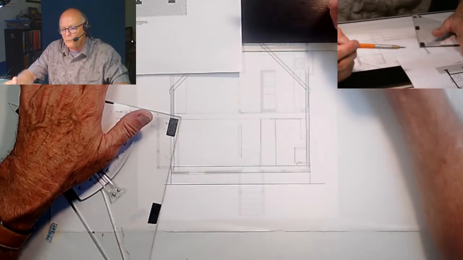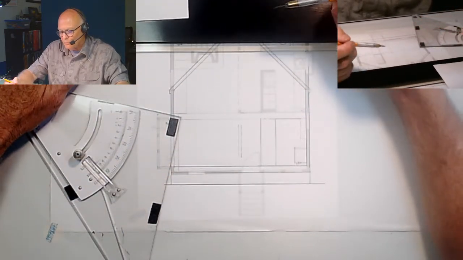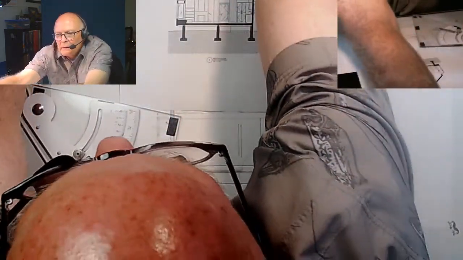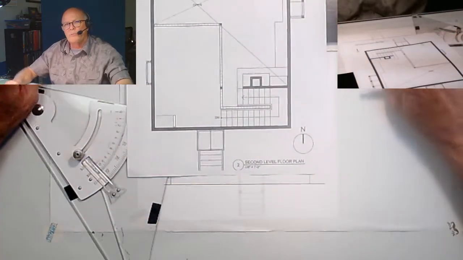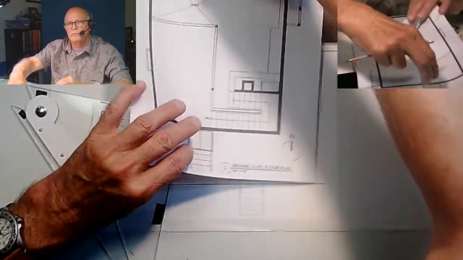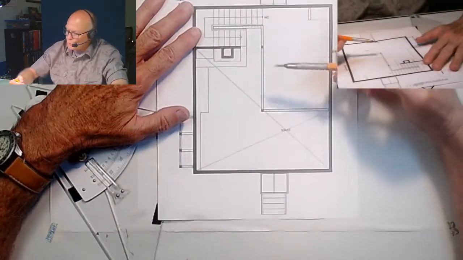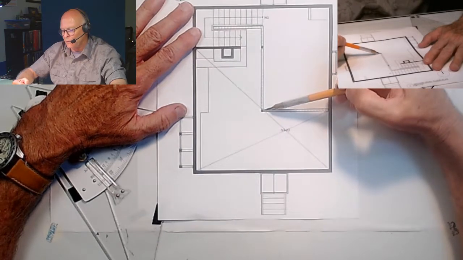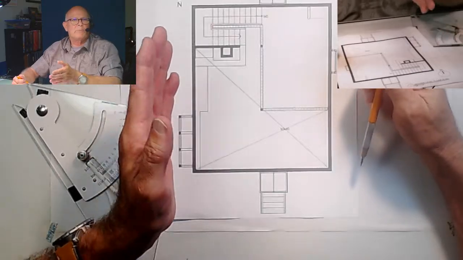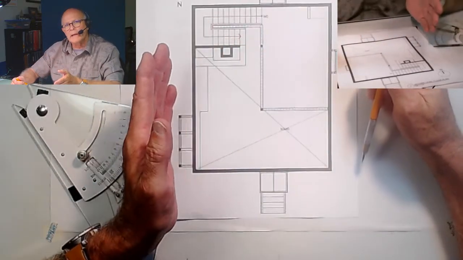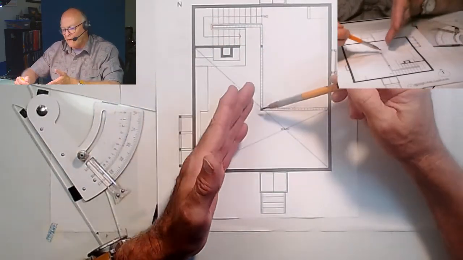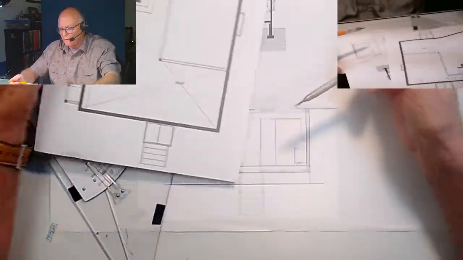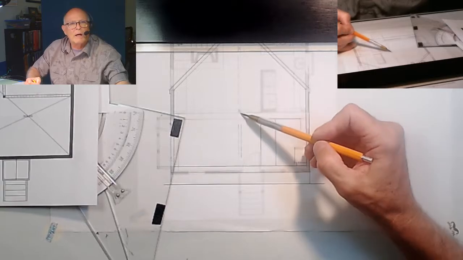So one of the things that we need to do here is we need to recognize that if we go back to the floor plan, I'm going to turn this in the right orientation. We're going to observe that these posts that are identified here actually create part of the loft overhead. So that loft actually extends a little bit beyond the kitchen. We saw that with the dashed lines.